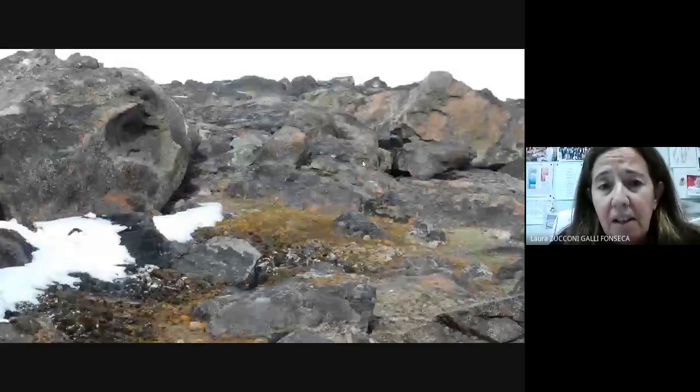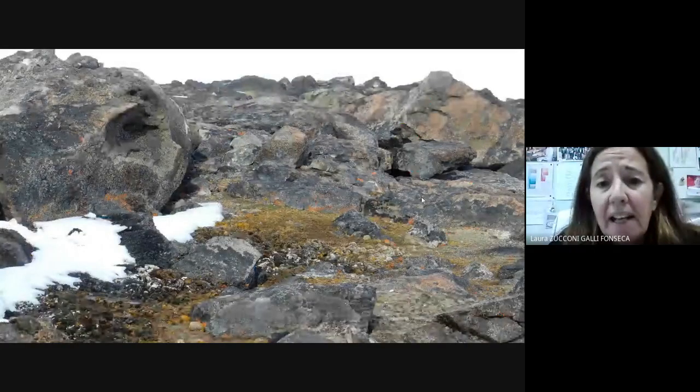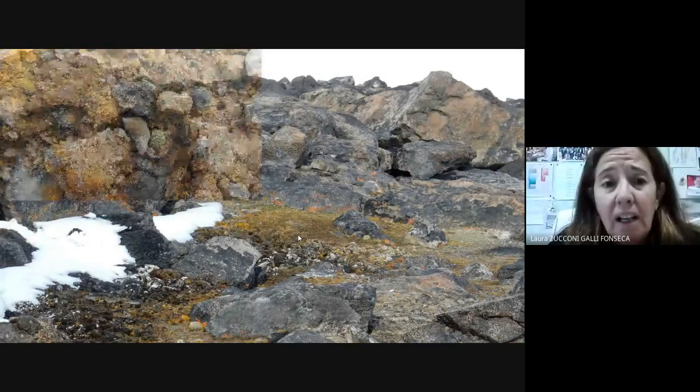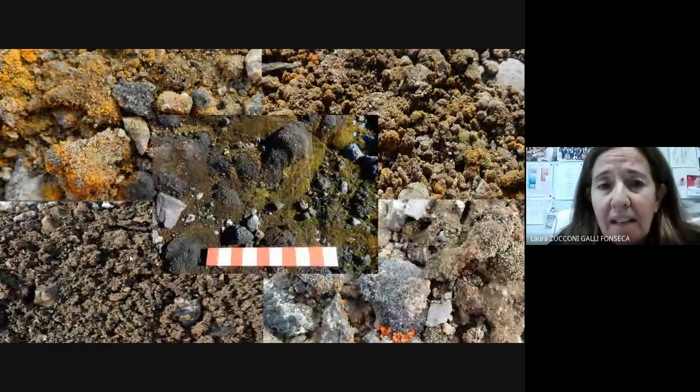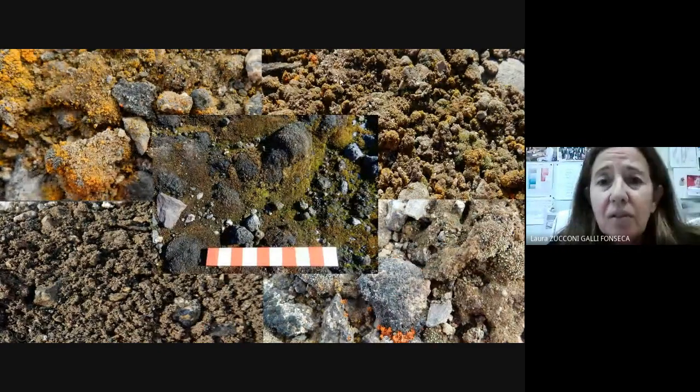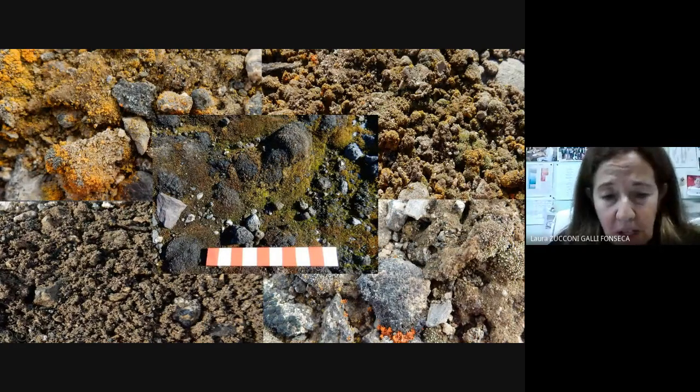This is a picture of the collection site at Key Island, and these are some features of the biological soil crust characterizing the other coastal sites with a different type of mosses and lichens coverage.